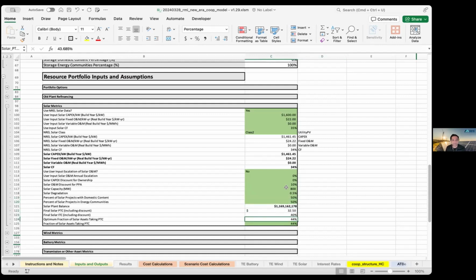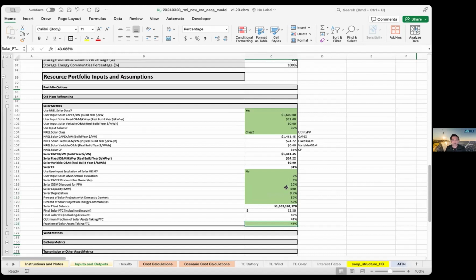And then finally, and I think this is the critical point, depending on whether you choose to have the model figure this out or you want to select it for yourself, you could select the fraction of these assets that you would like to take the PTC rather than the ITC. We generally believe that for most solar and wind projects, the economics are more attractive to select the production tax credit, the PTC, rather than the investment tax credit.